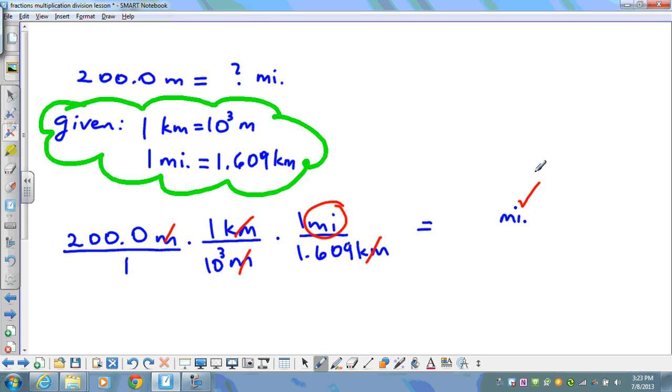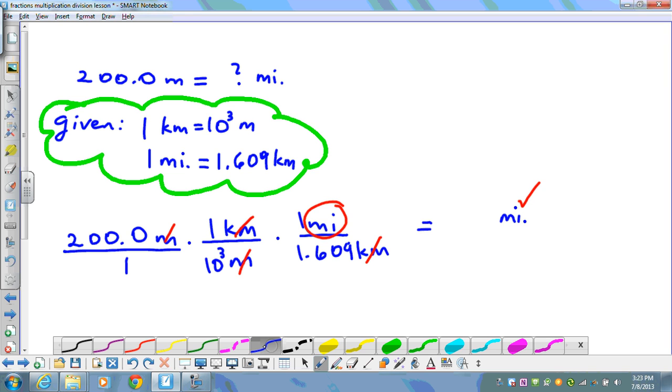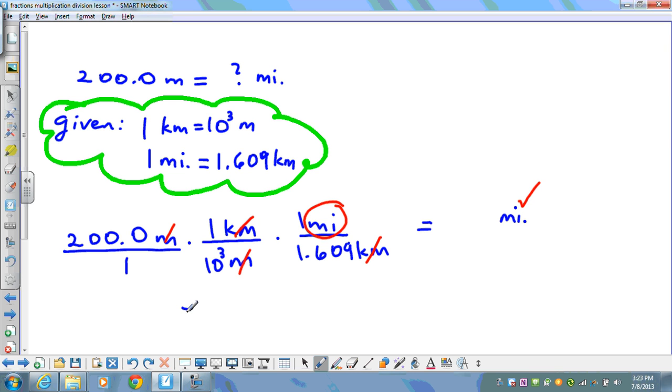Now let's forget about the units and just look at the multiplication problem at hand. Again, multiplying 3 fractions, I'm just going to write them as a single fraction where you multiply all the values on the top. So you have 200.0 multiplied by 1, multiplied by 1. Of course, that will give us the same thing, multiplication by 1.